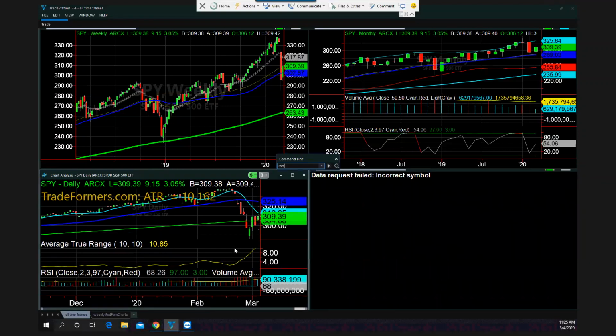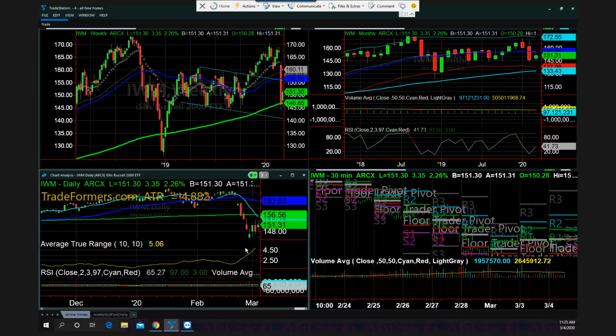IWM happens to be the Russell Small Caps, and that does not look as good. Hasn't looked as good. While the SPY was making new highs almost every day for a while, the IWM, or the Russell 2000, and by the way, extremely important to the economy's picture, couldn't even get back to 2018 highs during this last big run that we had before the crash.